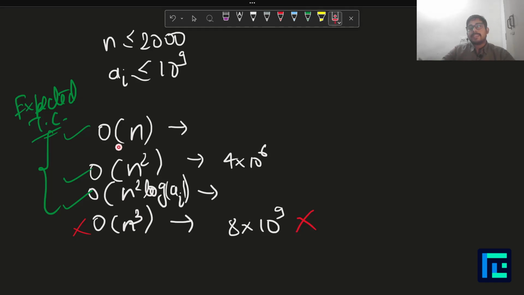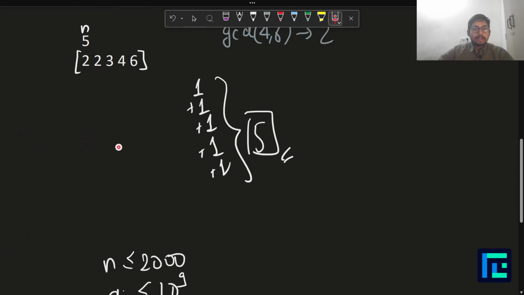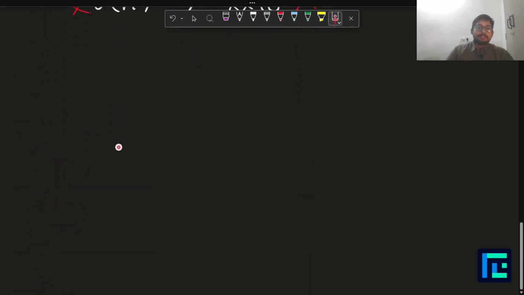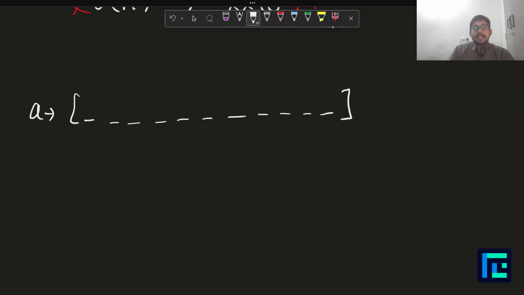Once we know in what order our solution should look, then we can think about an approach to find such a solution. Okay, now what approach can we think about? Let's look at the operations deeply. You have an array, and in that array you have some numbers.